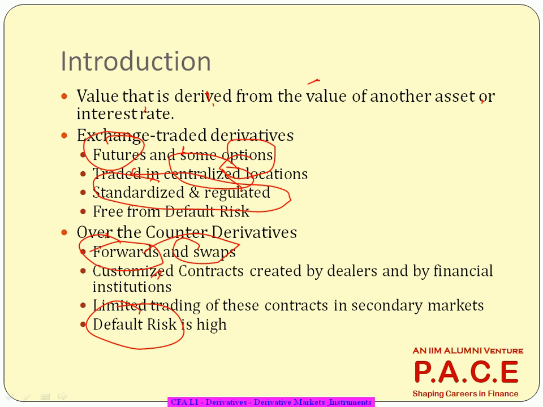And out of these four instruments, options are more tricky. We'll talk about them in detail, but options are the instrument which are slightly complex in terms of understanding the structures, and they can be complicated to any extent. So that's the reason I'm talking about exotic options or weird options.